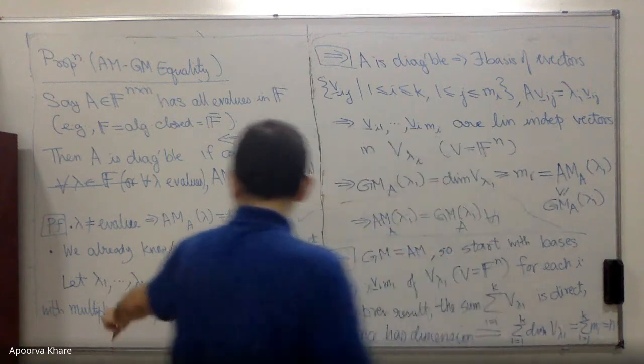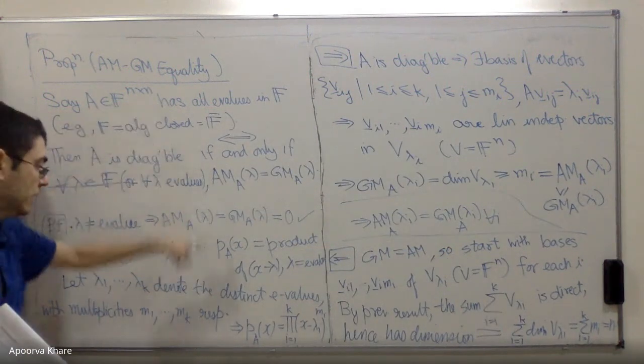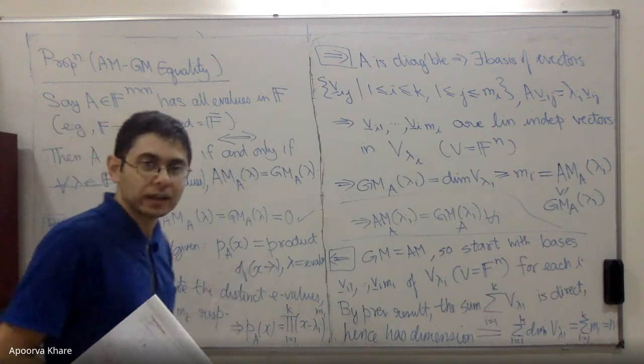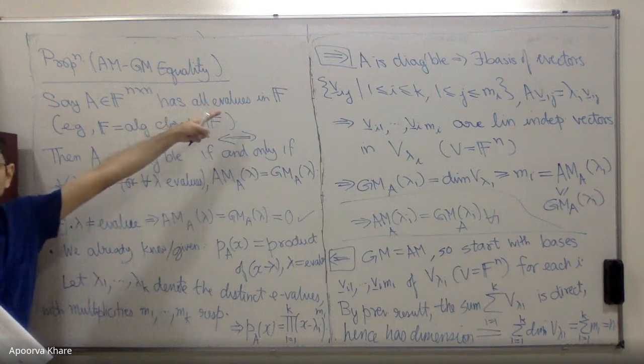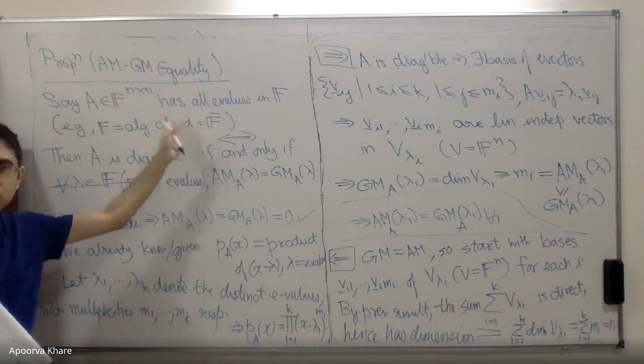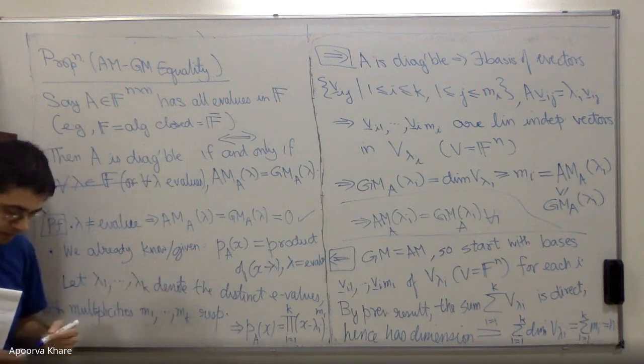The whole point was the characteristic polynomial has degree n. These are the distinct eigenvalues, and these are how many times each of them occurs. Because all the eigenvalues lie in the field, whether the field is algebraically closed or not, this summation is exactly equal to n.